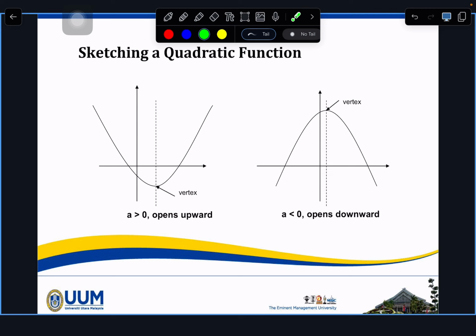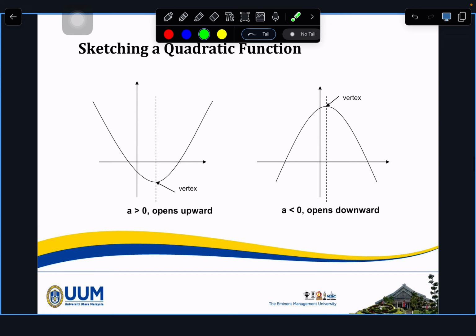When we draw, we need exact scale, like 2, 2, 2, 2, 2. But sketch, we don't need exact scale. What you want to see is correct shapes. You have your x, y intercepts, and you have your minimum or maximum point. Okay, so now we will find what is the maximum point, what is the vertex, and where is the axis of symmetry.